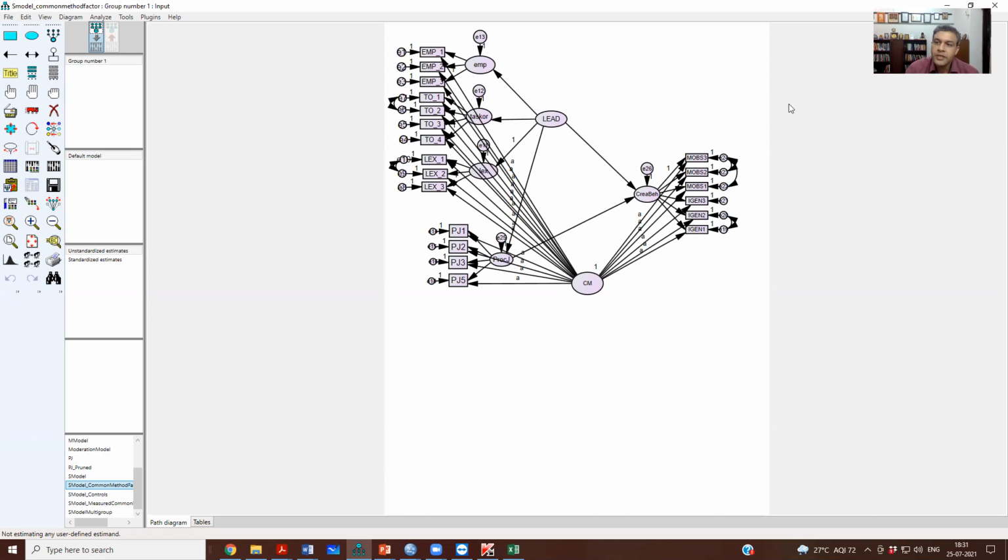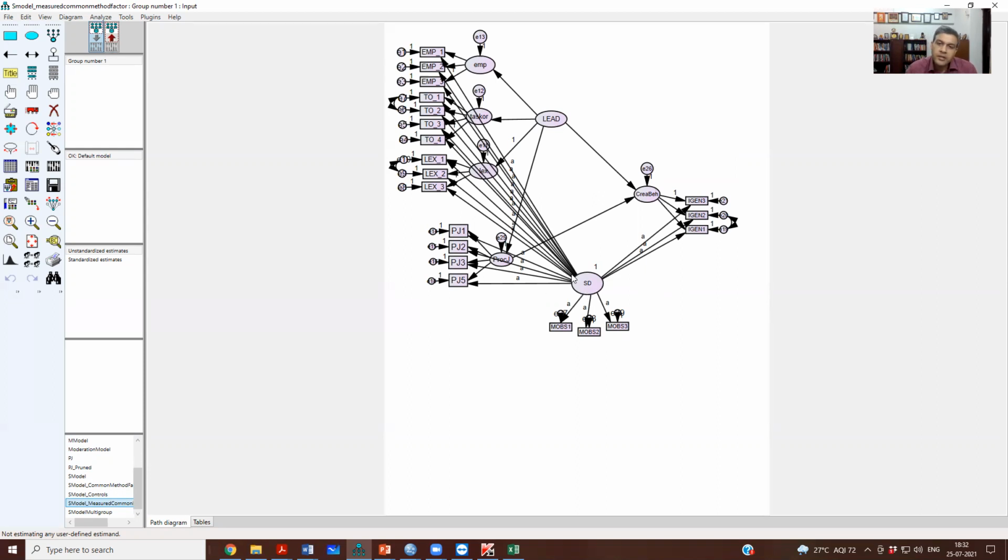Any other question, Akash? I see your hand raised. Yes, sir. We have social desirability as a part of our model. Like we want to explore its relation through our model itself. In that case, sir, the same data could be used in both the roles, as a latent construct in the model and as a correcting factor for common method. Yeah.